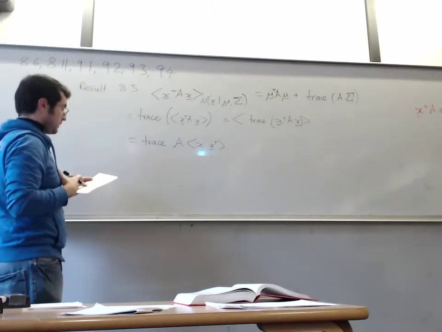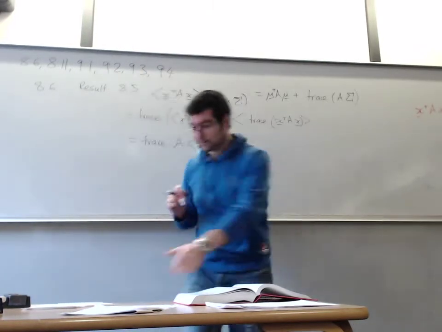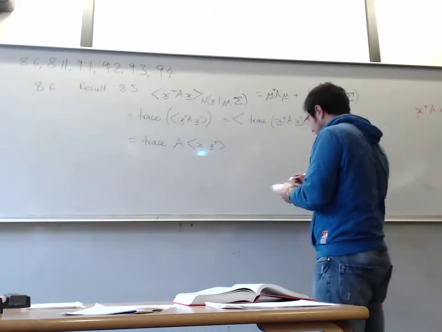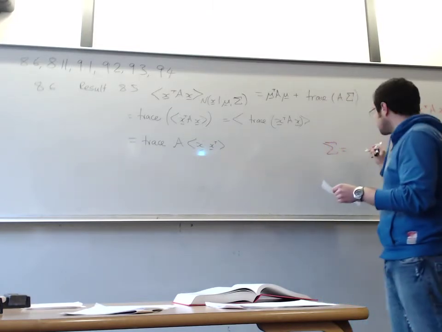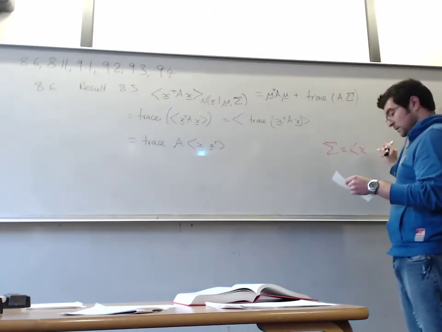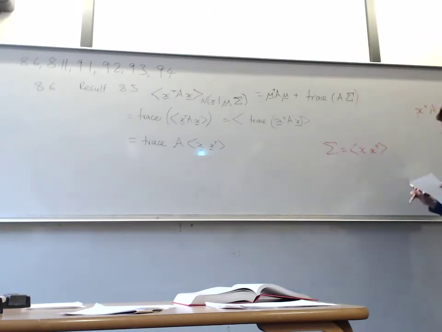And then we have this fact also, it's not given in the question, but you should probably know this, that the covariance matrix is equal to the expectation of this outer product minus the outer product of the means.